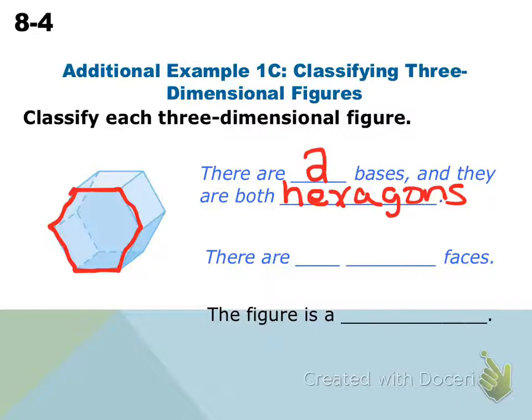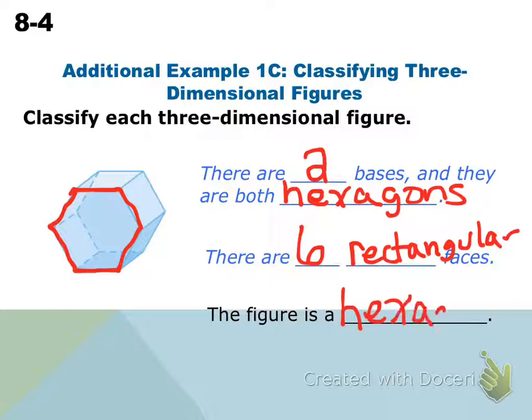So that would mean there are 6 rectangular faces. So that would make this figure a hexagonal prism. Because remember, we name it after the shape of the base, and then if it's got rectangular faces, it's a prism.